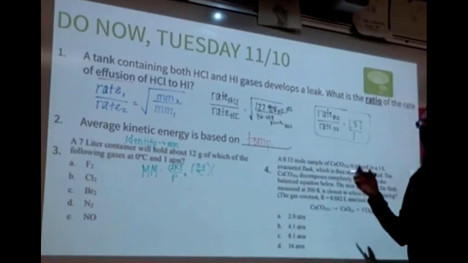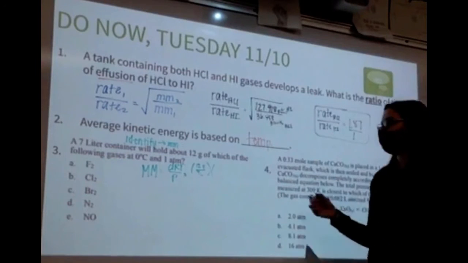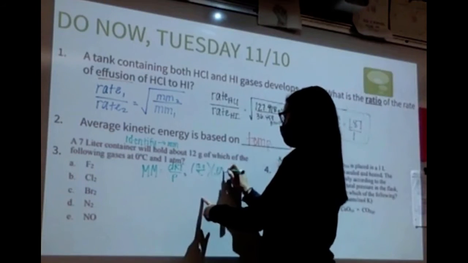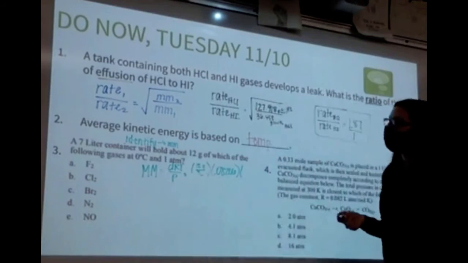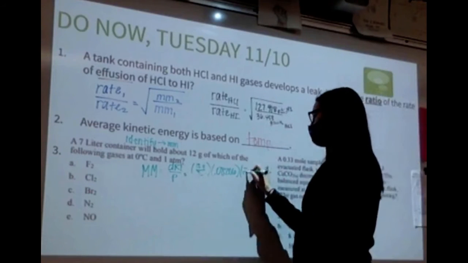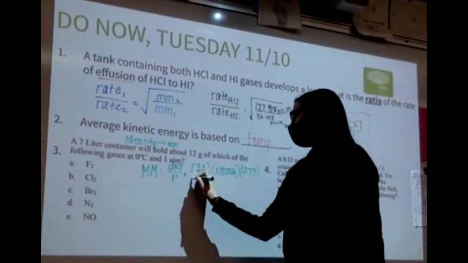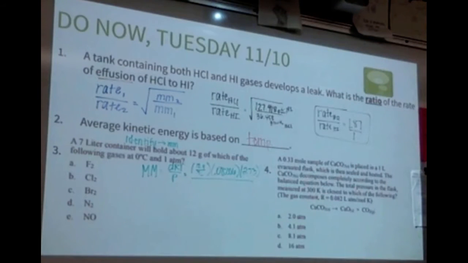Make sure that your R value matches the pressure. Since pressure is in atm, we need to use 0.08206. 0 degrees Celsius is how many Kelvin? 273. And remember, if you forget the conversion, it's on your equation sheet.